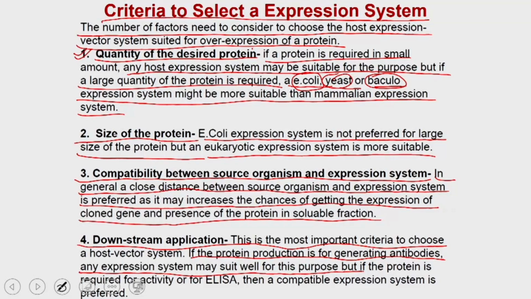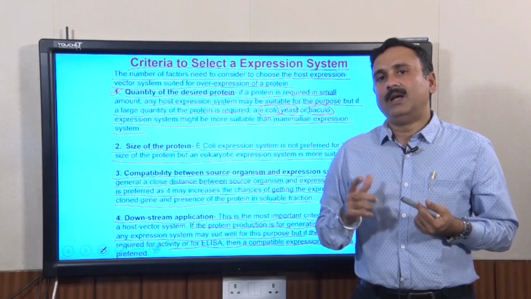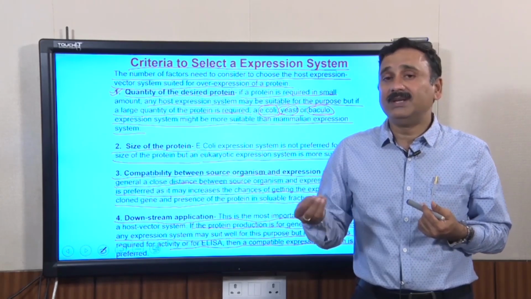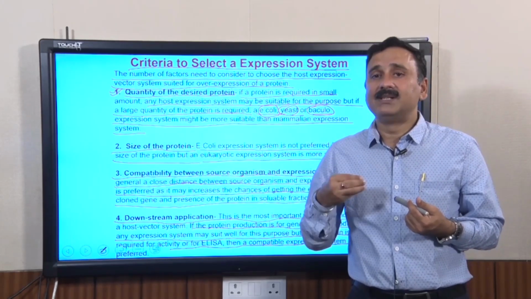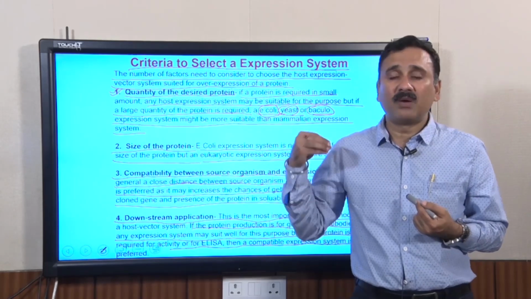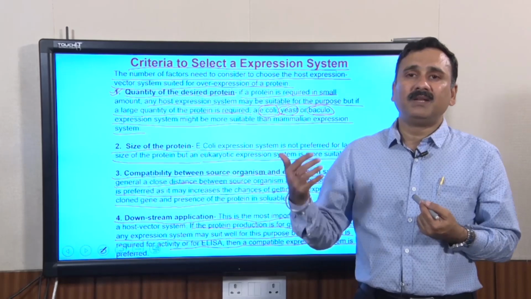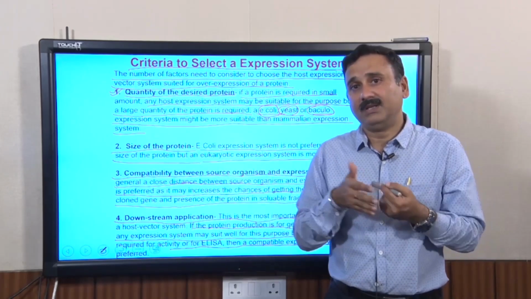But suppose you want to produce the protein for activity. In some cases, some of the proteins may lose their antigenic sites when they are not properly folded, and you want to use this protein as an antigen to detect the antibodies using ELISA.